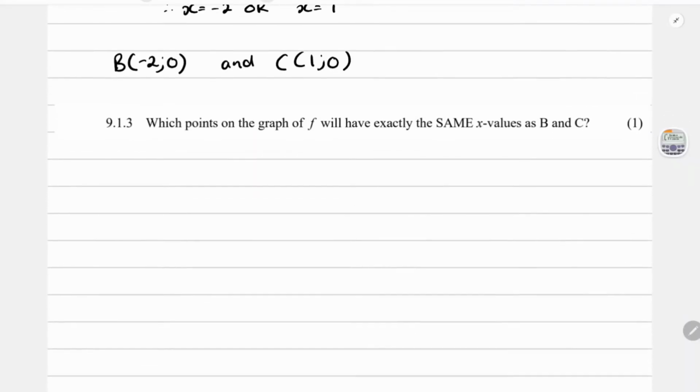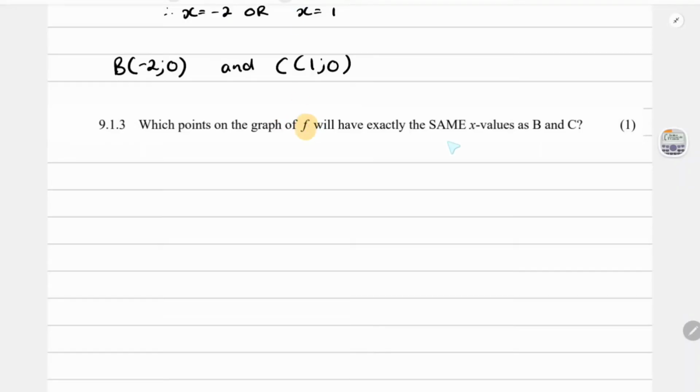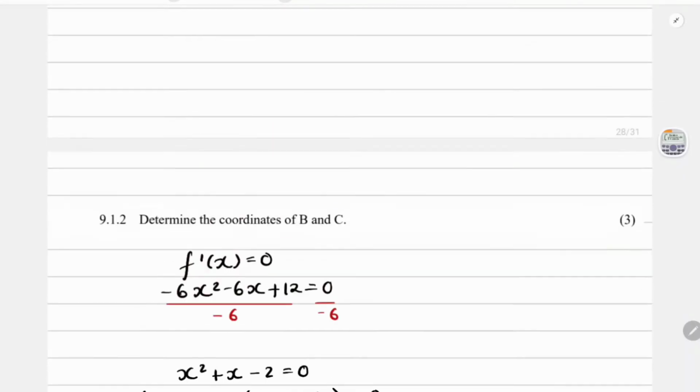The next question is just a question, really. They say, which point on the graph of f will have exactly the same x values as B and C? So which points on the original function are going to have the exact same x values as B and C?